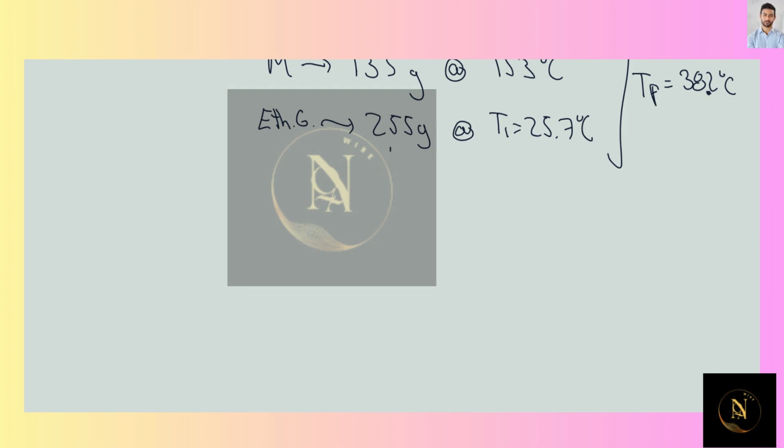We also know that the heat capacity of ethylene glycol is equal to 2.43 joules per gram degree Celsius. So, with this information, what we know is that the heat that is going to be lost by the metal is going to be equal to the heat gained by ethylene glycol.